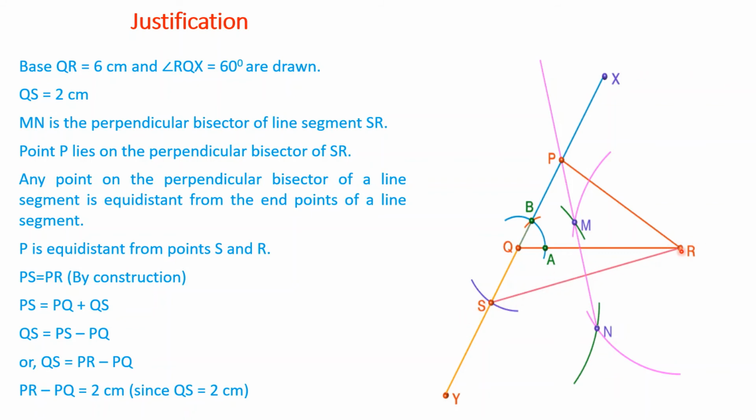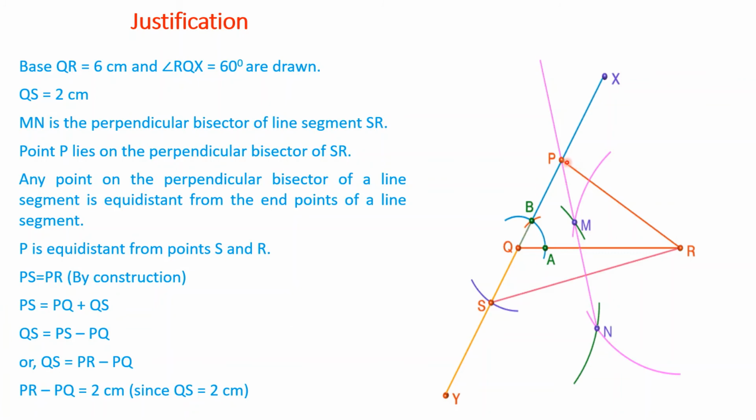This SR, we have drawn this perpendicular, and on it P is a point, so P is equidistant from S and P is equidistant from R. So PS and PR are equal.